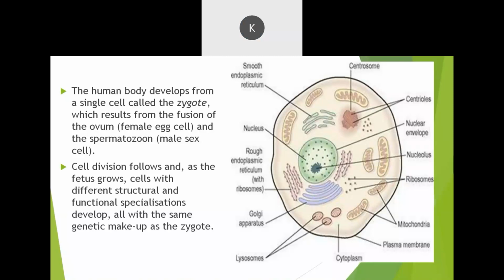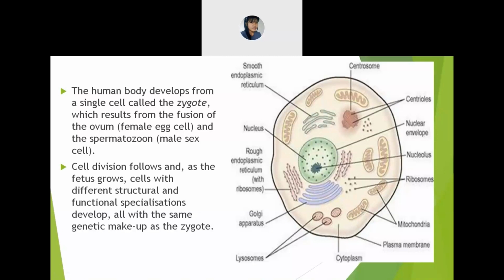Yes, ma'am. Okay. And what will happen here? This cell will divide; cell division will follow. When the cell division is done, the zygote will grow and eventually develop into a baby.